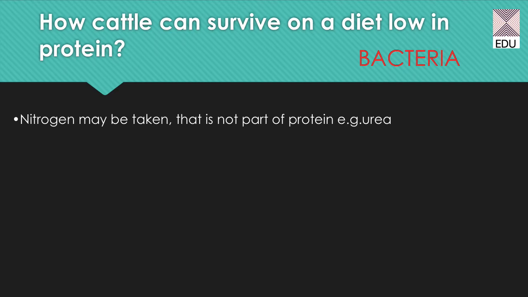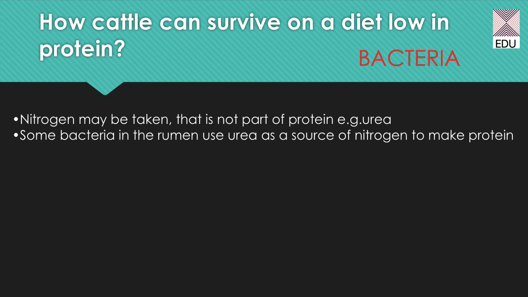This urea is formed inside the bodies of the ruminants, and it may be the source of nitrogen for the cattle. So that's why cattle don't require protein in their food. So this is one of the answers to this question.